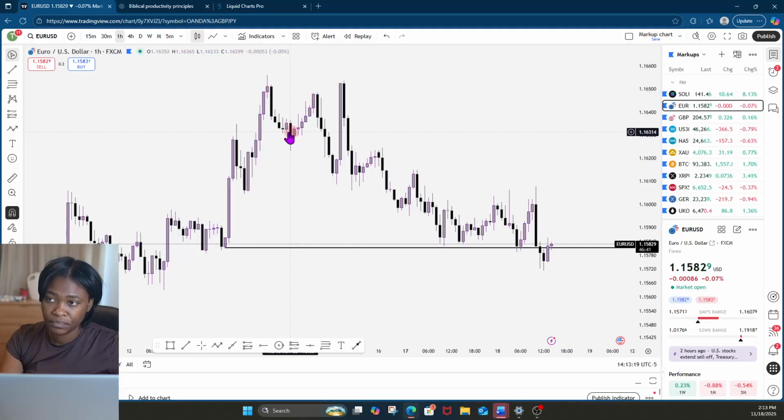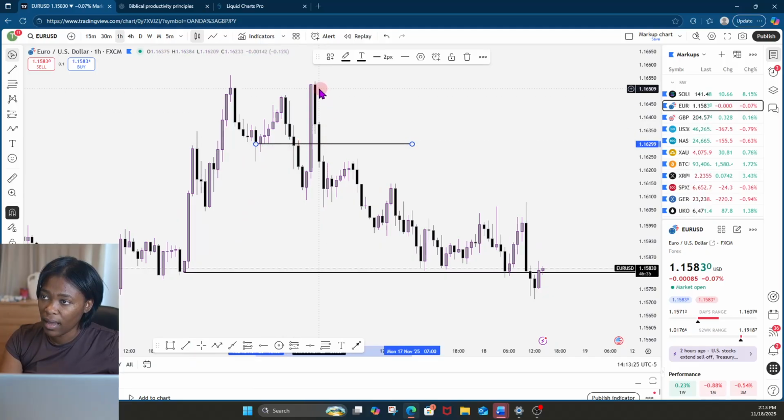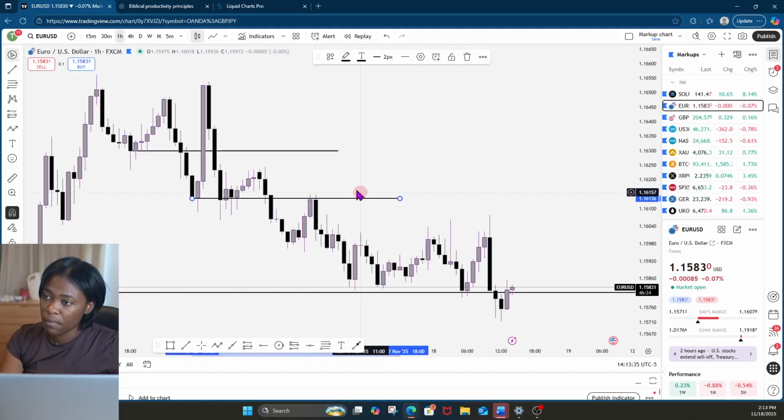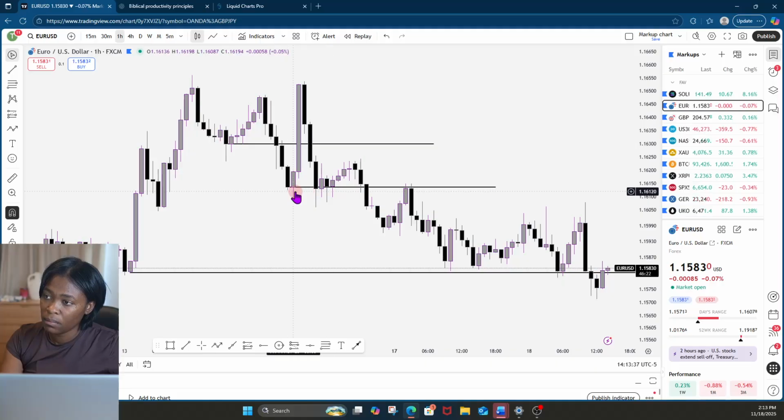Right here is when you can see that stuff started to break. Yeah, it came up here, grabbed some liquidity, and then continued to go down. That could have been your confirmation right there. Here's some more structure. Made support, came down, broke it, came back, made it a resistance. Okay, and then it continued to trade down.